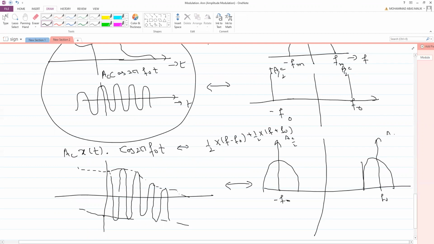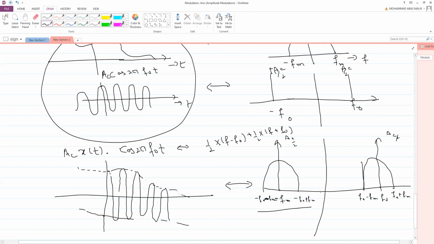So this is f naught plus fm, this is f naught minus fm, this is minus f naught minus fm, and this is minus f naught plus fm. This is the final value you will get after modulation.